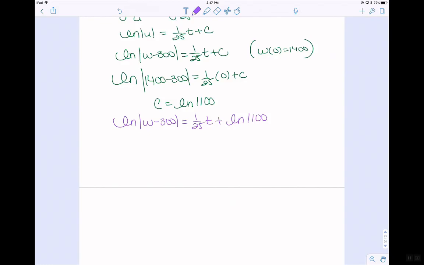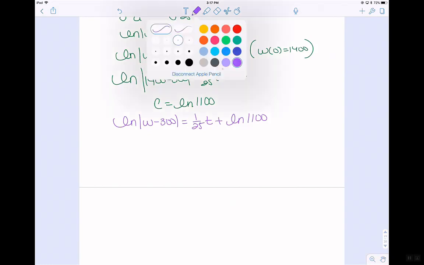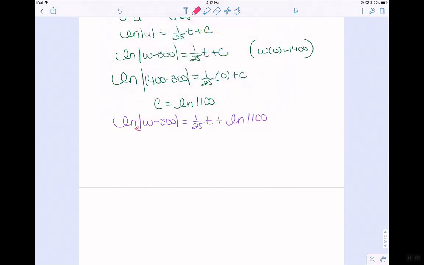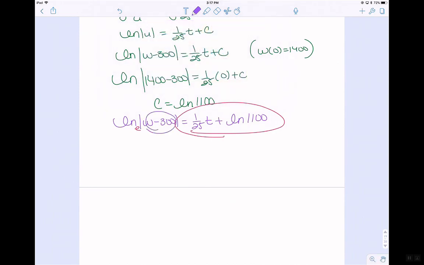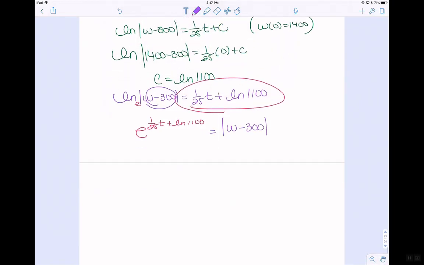So remember that the base of ln is e. So e to the entire right side of the equation is equal to this absolute value. So e to the (1/25 t plus the ln of 1100) is equal to the absolute value of W minus 300. Okay.